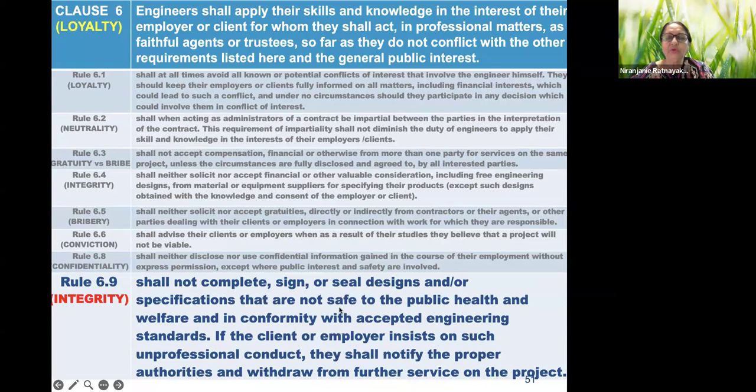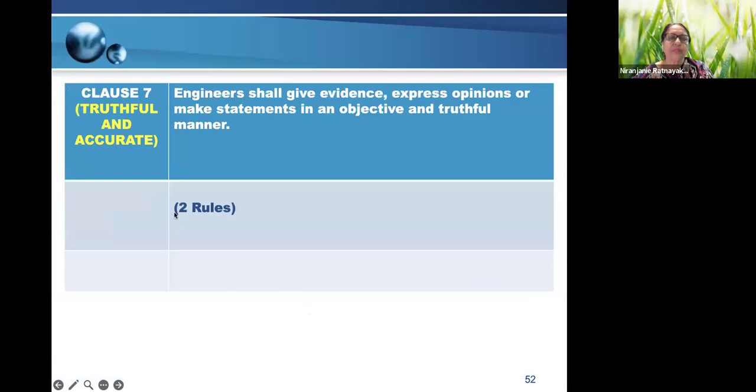If you can't convince your employer, however loyal you are, if he's not listening to you, the best thing for you to do is to get out of the situation, because you should not get entangled in a project which you know is going to have an impact on the public, right? So that's clause 6, about loyalty to the employer.